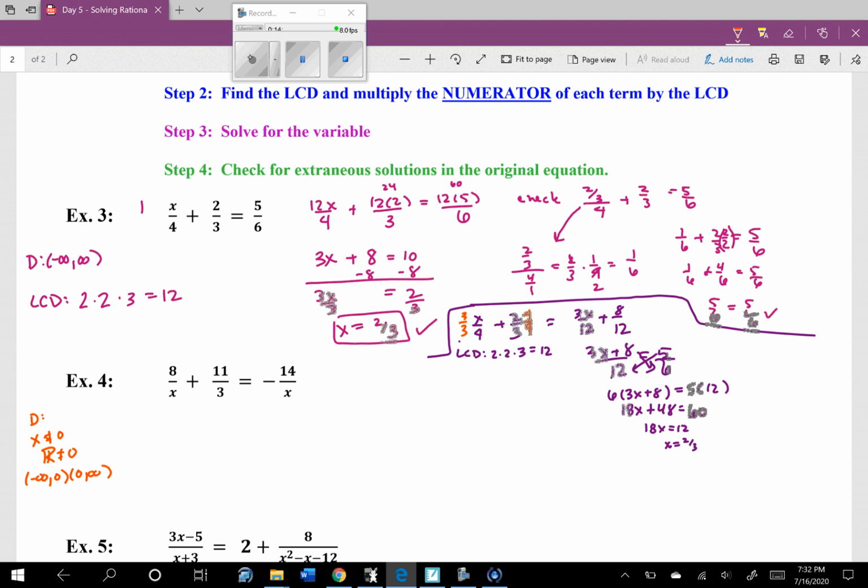So now let's go ahead and solve this. We're going to find the LCD of all the denominators, so 3 and x. So that means I'm going to multiply everything by 3x.